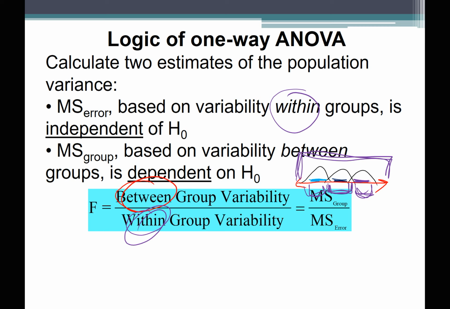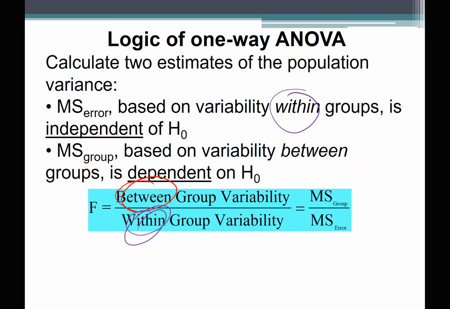If it's not very big, then we get an F value that's pretty close to 1. And why is that the case? Let's say that they're all very much on top of each other. Then this between groups variability is going to be almost the same as the within groups variability, right? Much closer to the same thing.